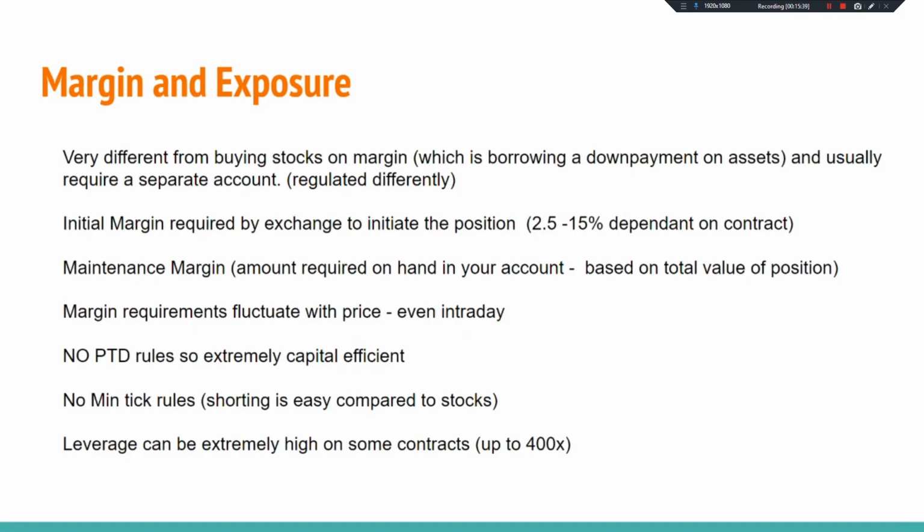How does margin work? It's very different from buying stocks on margin. When you buy a stock on margin, you're essentially borrowing a down payment from your broker to buy some assets. With futures trading, it's not that at all. It's a kind of goodwill gesture that you're putting up to both your broker and the exchange.